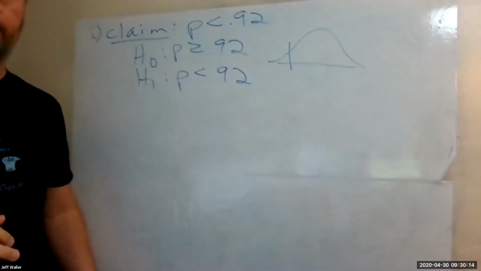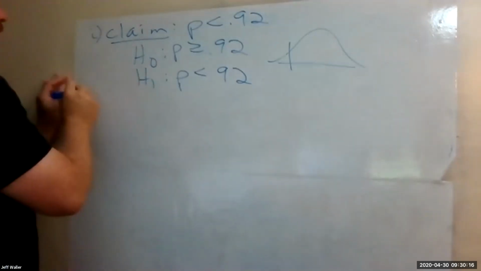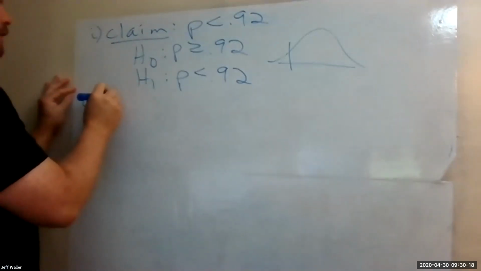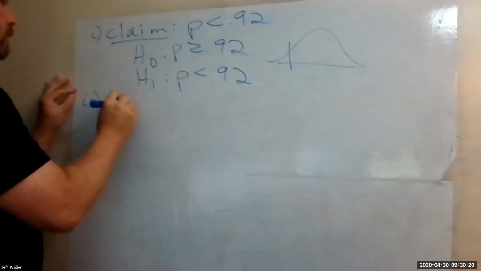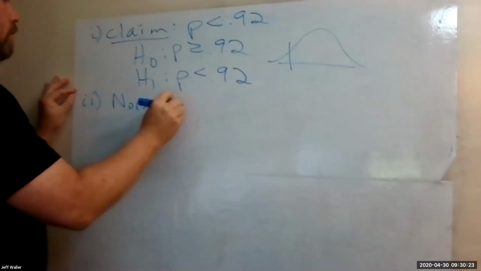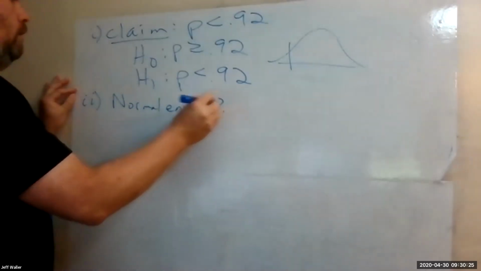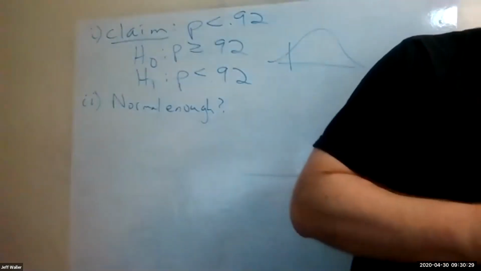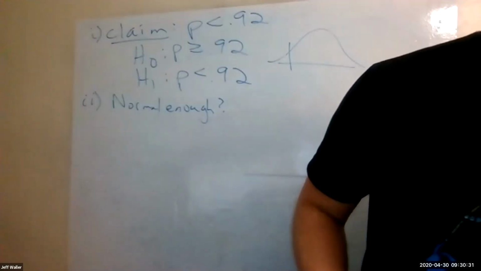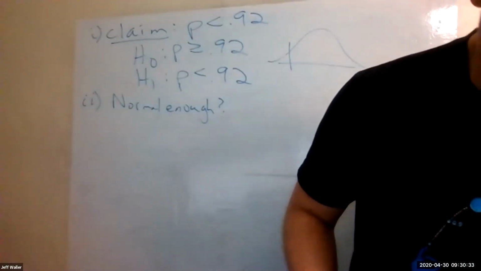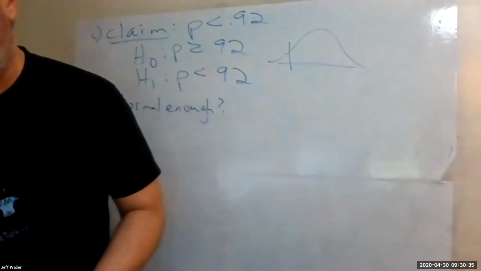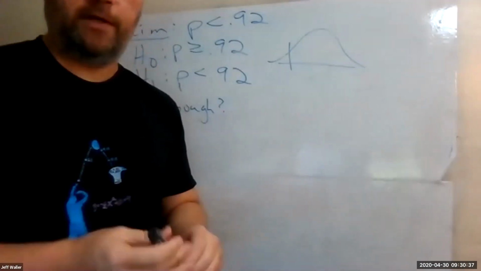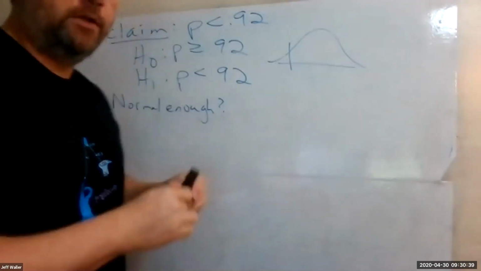Kick ass. All right, second step. How do you check to see if it's normal enough? I should do this in different colors. Go ahead and do that real quick.